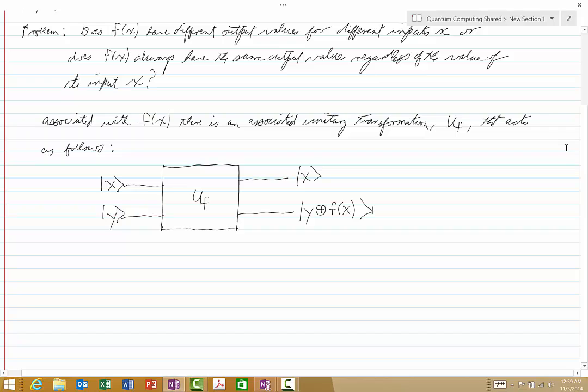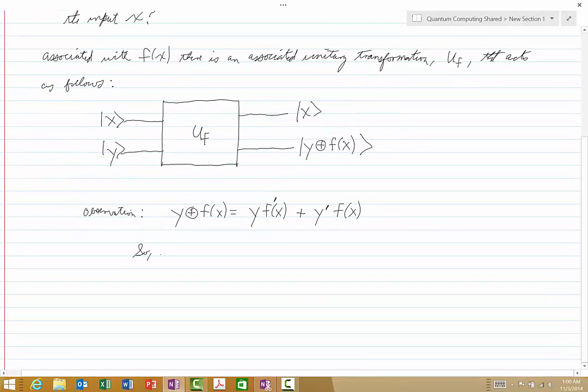And as long as we're at it, let's make an observation. Y exclusive OR with f of x is equal to y ANDed with f of x prime, ORed with y prime ANDed with f of x.